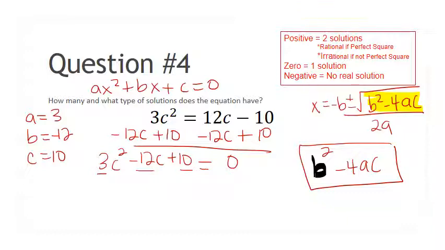Now I'm just testing the discriminant part to see what type of solutions I'm going to have. So if I'm using this formula, b squared, negative 12 squared, minus 4 times a, which is 3, and c is 10. So let's go ahead and simplify that.